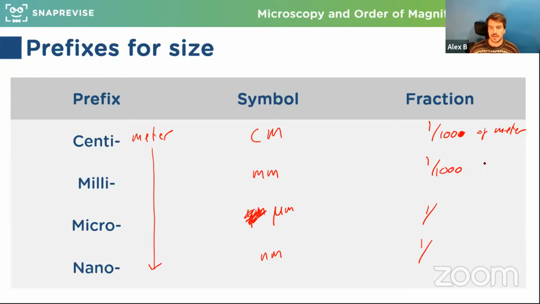Micrometer, anybody? Nice, Evan. Yeah, so a micrometer is actually a millionth of a meter. So 1,000,000. And nanometers are really, really tiny. So there's 1 billion nanometers in a meter, which is a lot.